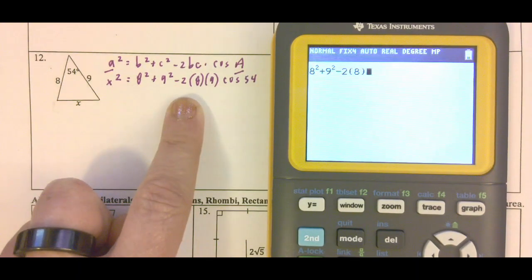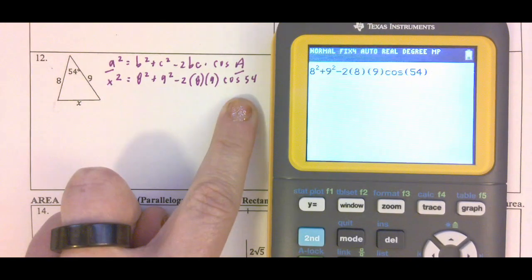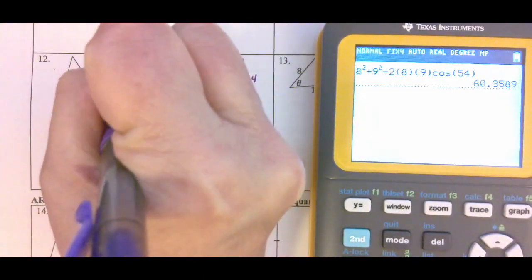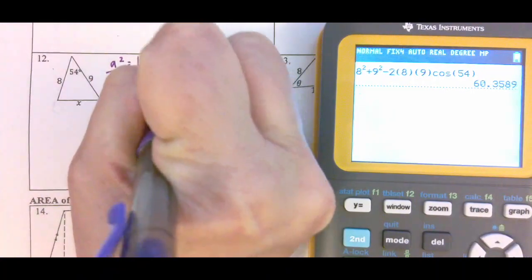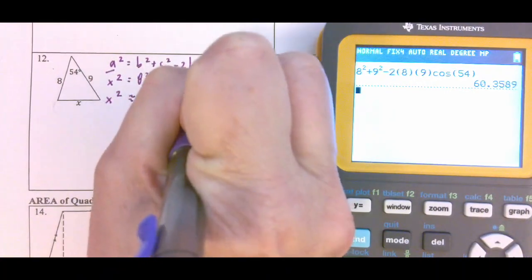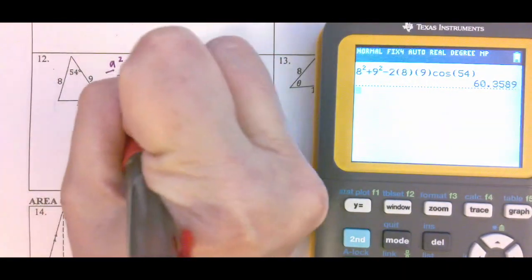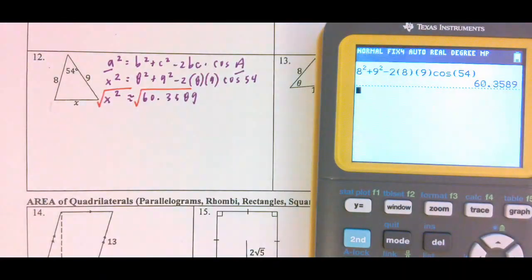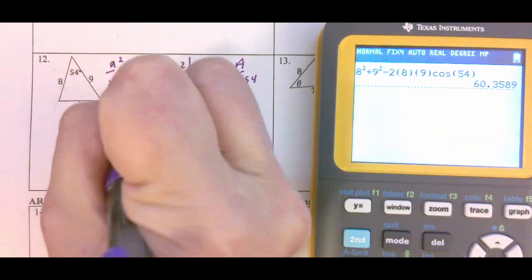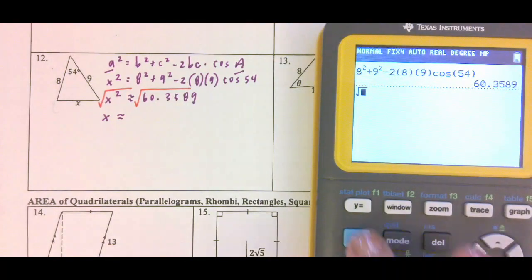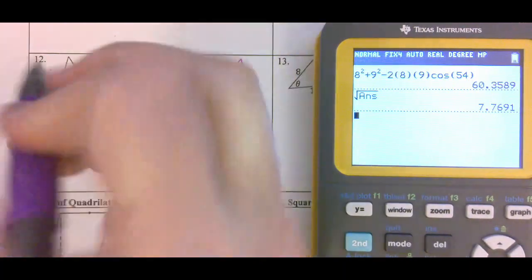Enter. So it tells me that x squared is about 60.3589. So the last thing that I need to do is take the square root of each side. And I know algebraically I get a plus or minus in my answer, but it is a measure, so it has to be the positive. So square root of that previous answer, and we get 7.7691.